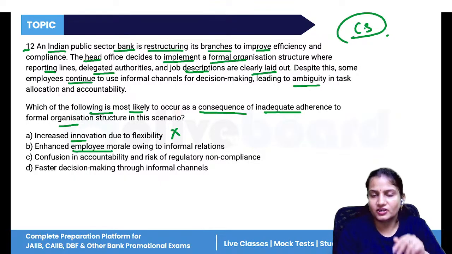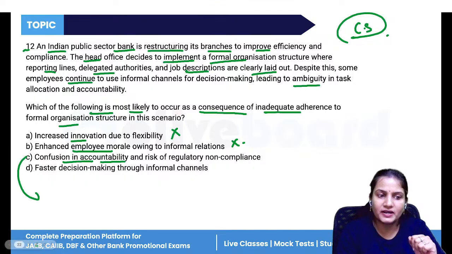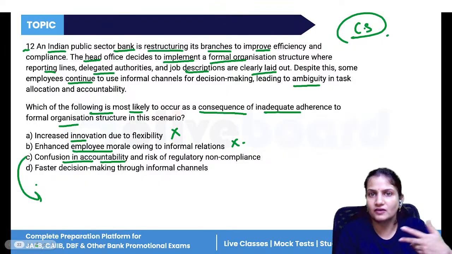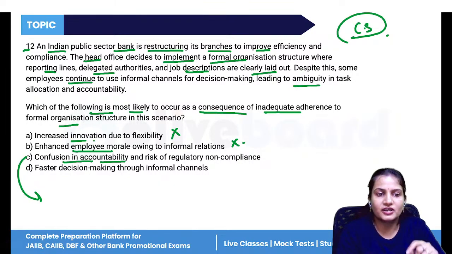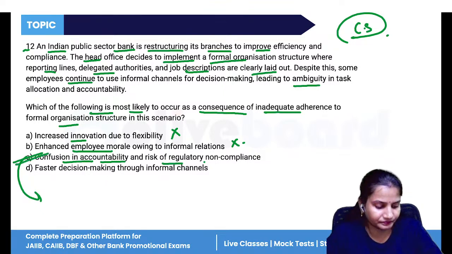If the rules and regulations are not matching with formal organization, how will employee morale be high? It will be low. It leads to confusion and lack of accountability. Yes, nobody will be accountable for anything. Everyone will push to one another: no, I have not done this, you have done this. It's not my mistake, it's your mistake. So it will lead to confusion, lack of answerability, and the risk of regulatory non-compliance. So option C is the correct answer.